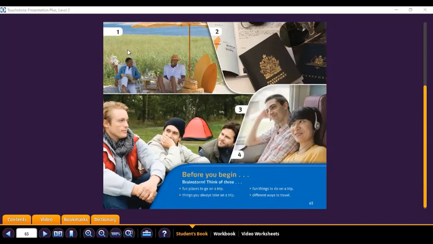Por ejemplo, number 1, to go to visit museums, to see an opera, spend time with our friends in our park. Ok, diferentes cosas, como una lista de cosas que tú podrías hacer. ¿De acuerdo? Ok, de acuerdo.